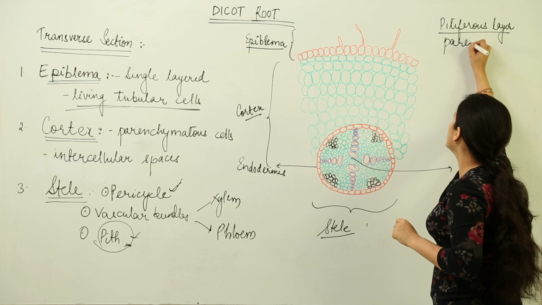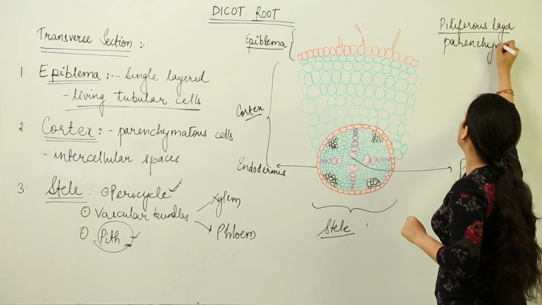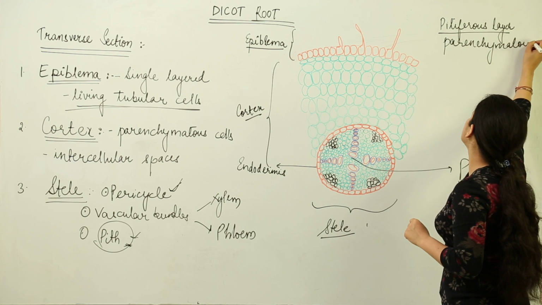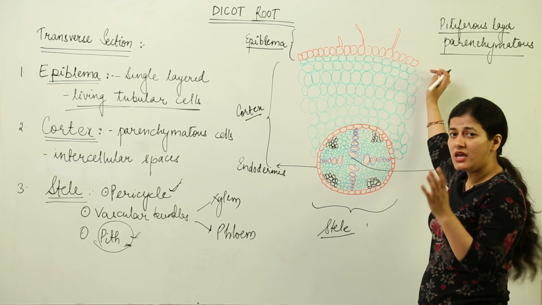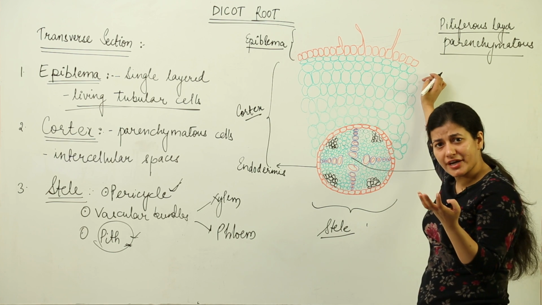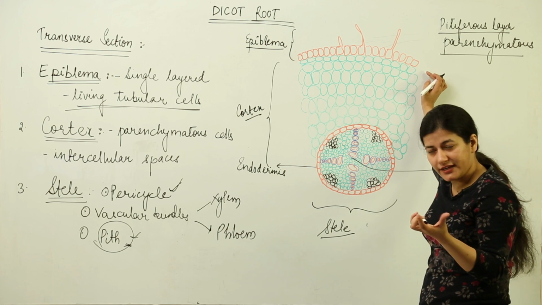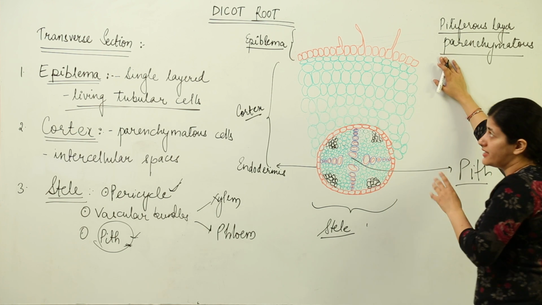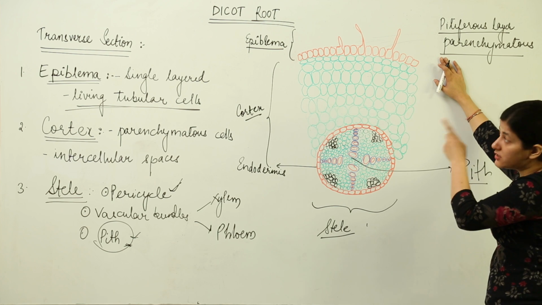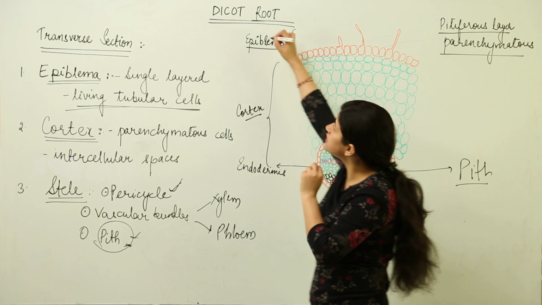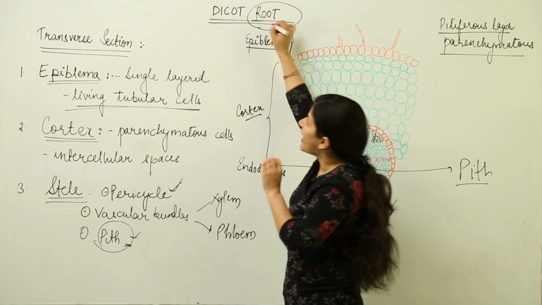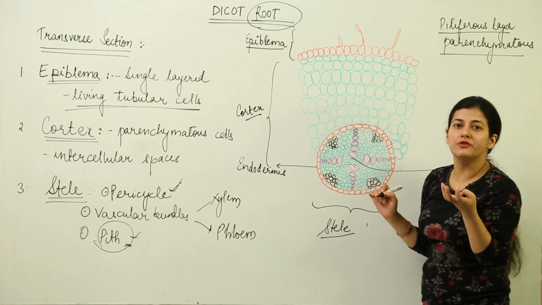Okay, you remember what parenchymatous cells were. We had studied that parenchymatous cells are circular in shape. They are living cells. They have storage material inside them. Now these parenchymatous cells in a dicot root, because it is a root and because the purpose of root is absorption of water and minerals from the soil.